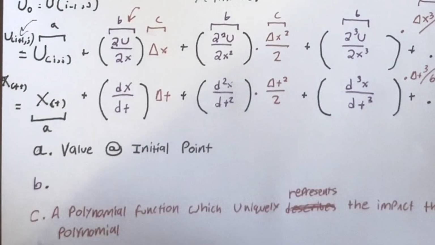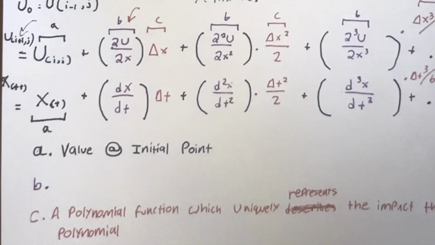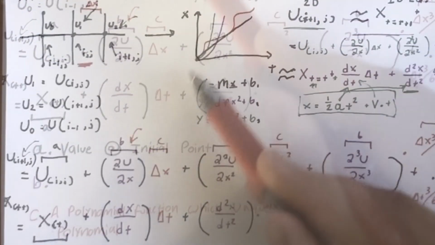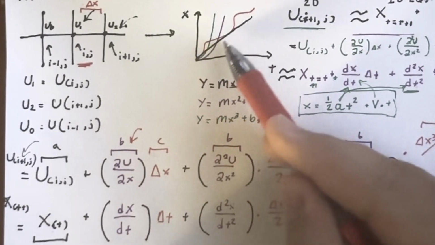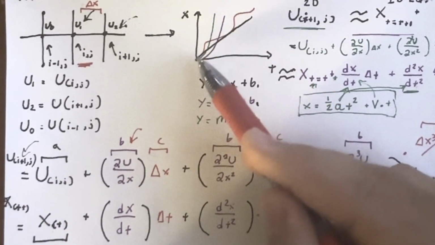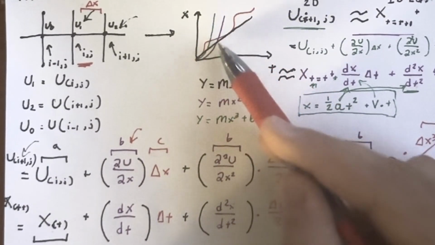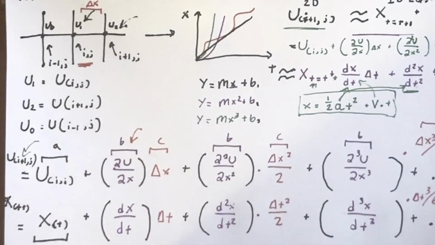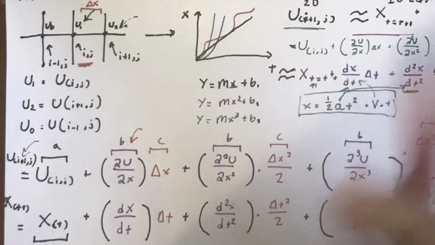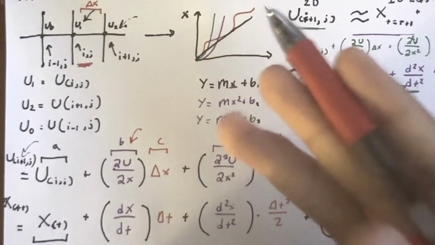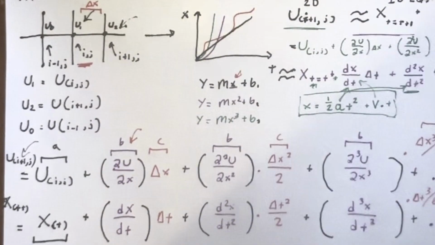Now, B and C kind of relate to each other. As I said before, when you have a function y equals mx plus b, and you attempt to characterize some other function, the red here, using a linear order polynomial, sometimes there are higher order increases or decreases or applications to that function which can't be characterized by a single first order polynomial.